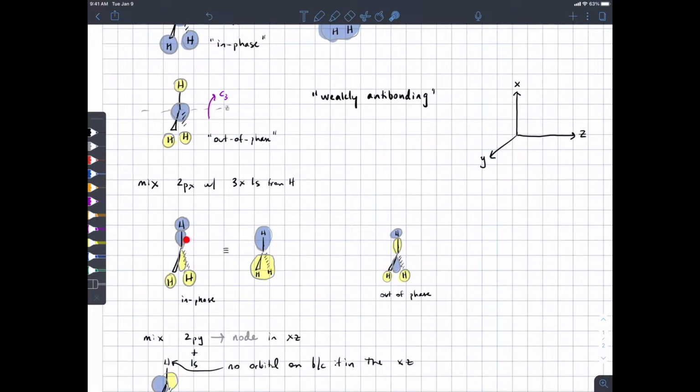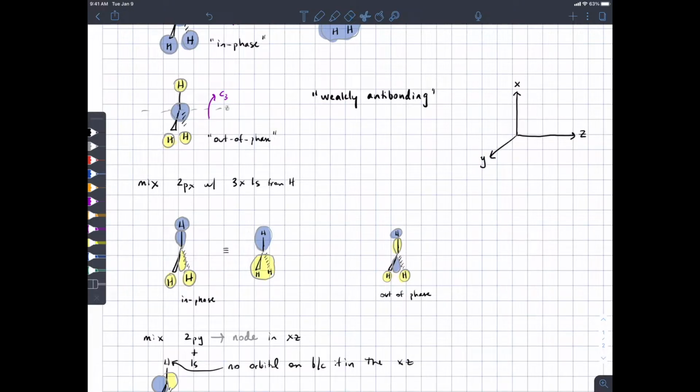So you would overlap this lobe of the p orbital with this 1s atomic orbital on hydrogen. And then on the other side, where wave function sign switches, you would have this lobe of the orbital sort of overlapping with these hydrogens. This is sort of difficult to see from the side.